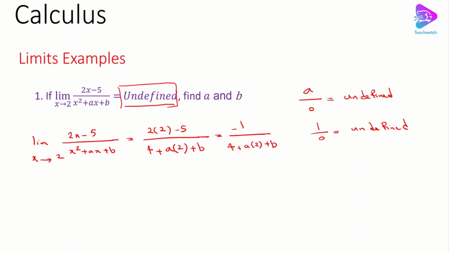Okay, and based on what I discussed, we have to look for minus 1 over 0. So the bottom part, basically the denominator, should be 0. Therefore we can say, in order to have this limit undefined, we should have x squared plus ax plus b equal to 0 when I plug in x equal to 2.